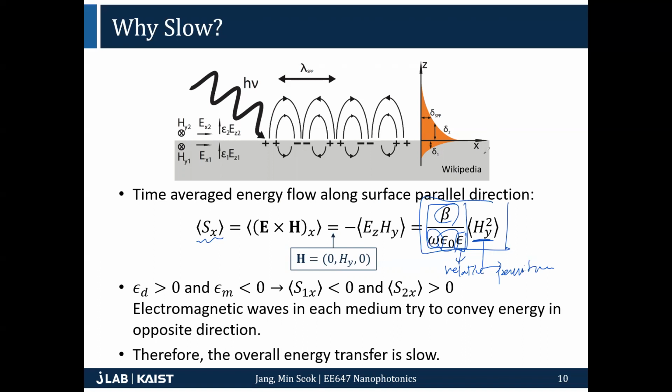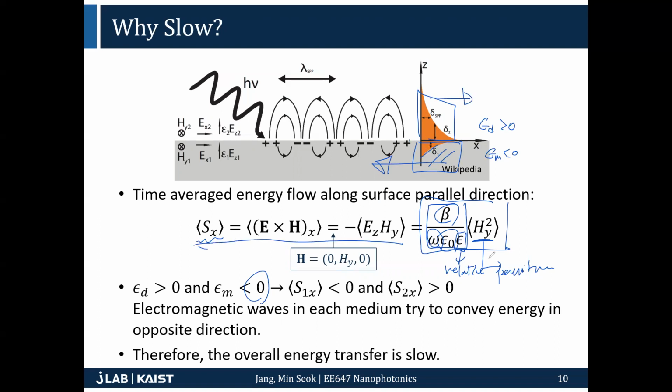So in the metal, epsilon m is negative, and in the dielectric, epsilon d is positive, as I said, so that the power flow, even though it's the same mode, the power flow inside the metal tries to go backward, whereas the power flow in the dielectric material tends to go forward, right?